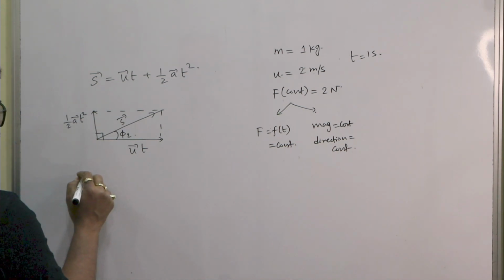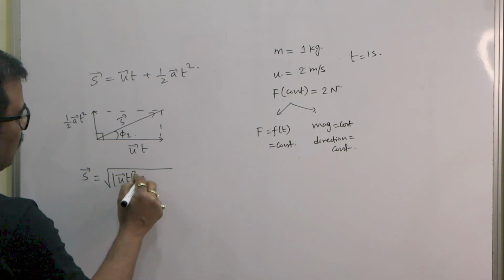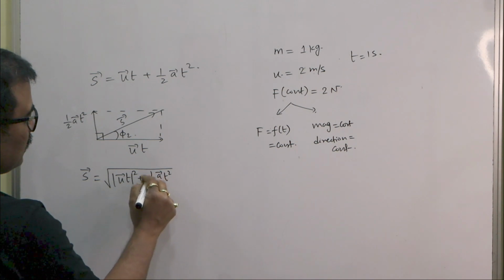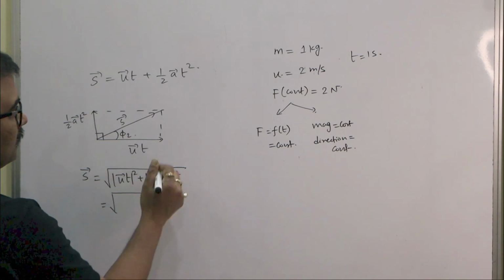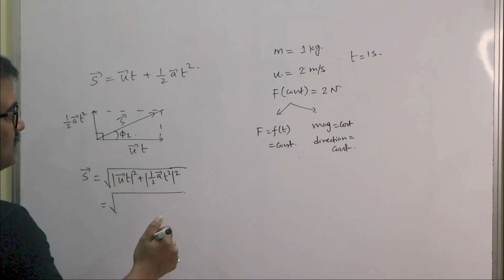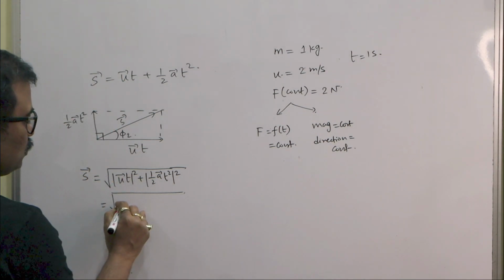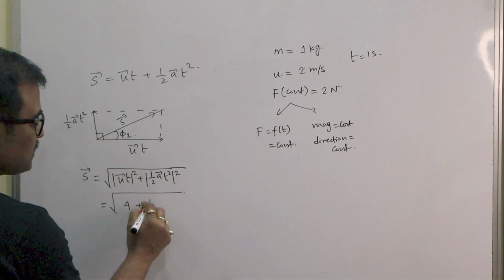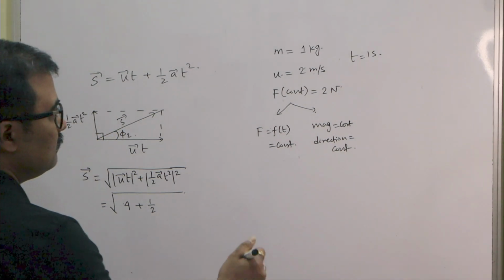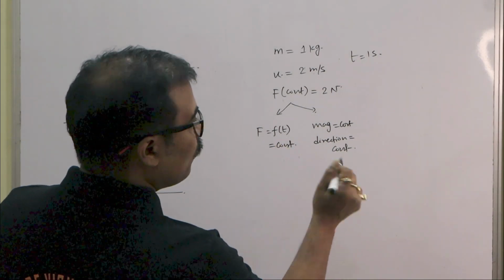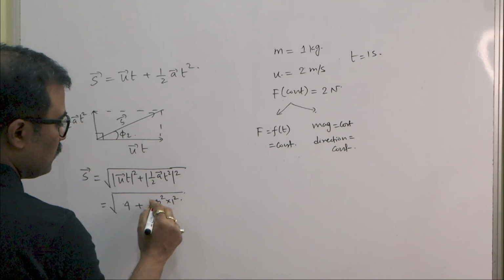So s is the square root of ut whole square plus half at square whole square. So u is 2 meter per second, so 2 into 1, that is 2, plus half a, where a is 2 Newton by 1 kg, so it is 1 squared.